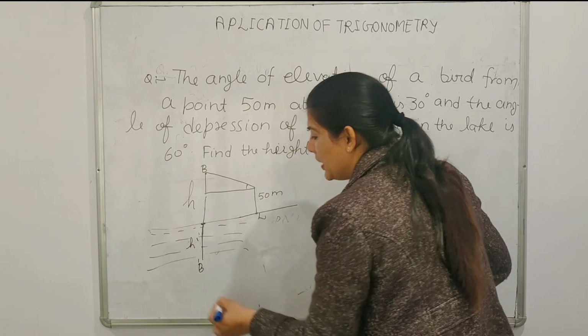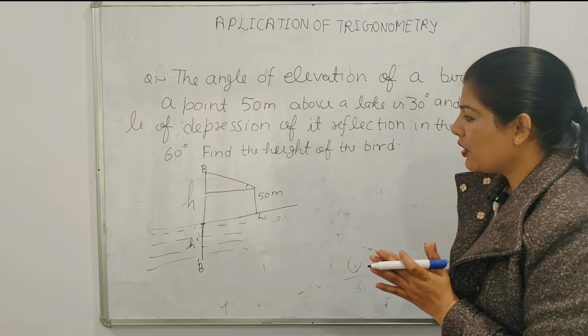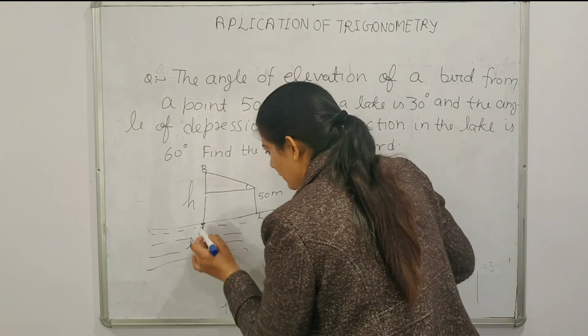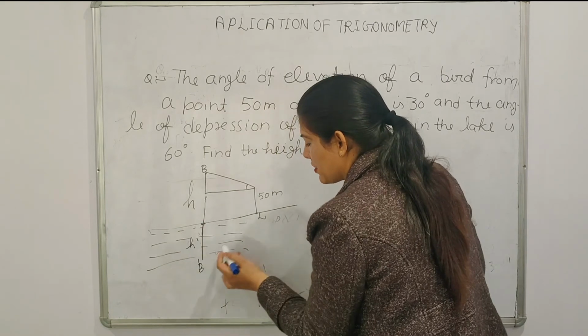So this is B dash, and if this is h, this is also equal to h.